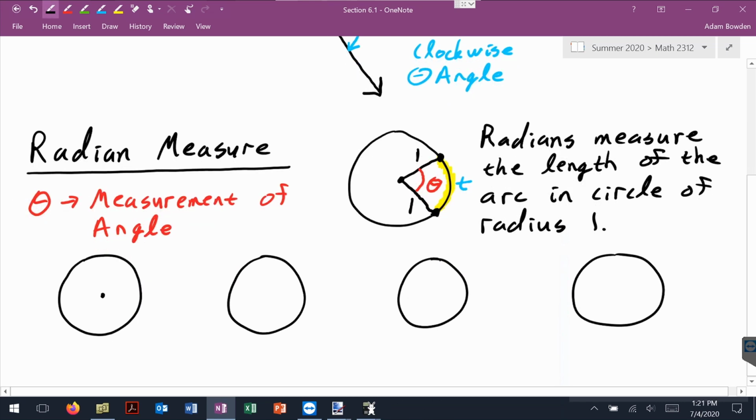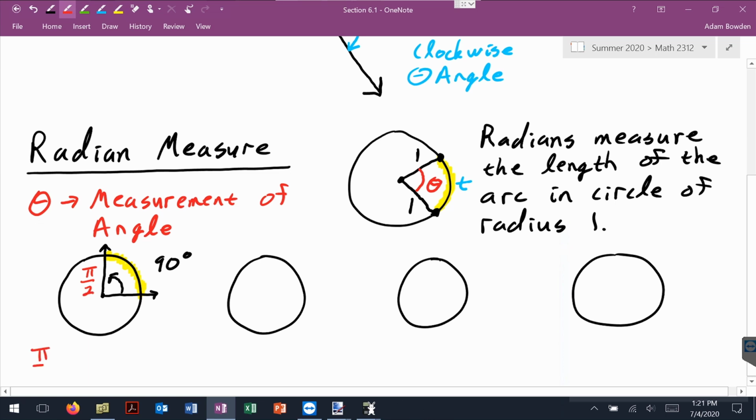Now let's think about some of the more common angles we talk about in degrees. For instance, an angle like this would be 90 degrees. But what is that corresponding to in terms of radians? Well, our arc length is like a quarter rotation, and we called that pi over 2.